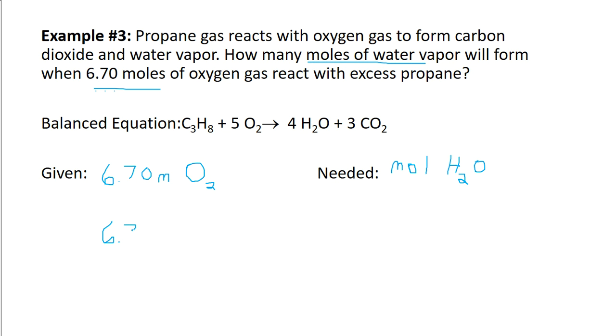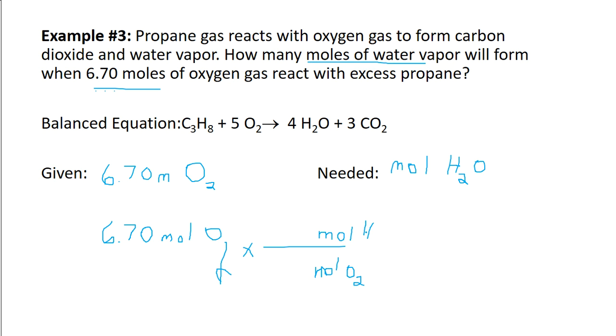The only relationship we're using is the mole to mole, so we need to go through the balanced equation. We need to get rid of moles of oxygen and go to moles of water, and that relationship, moles to moles, comes from the balanced equation.